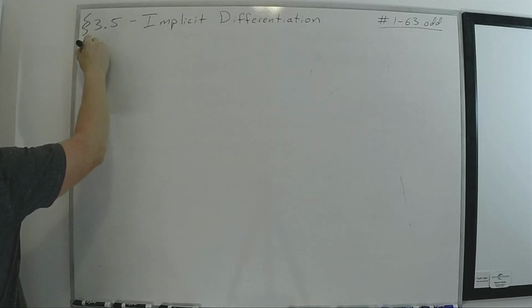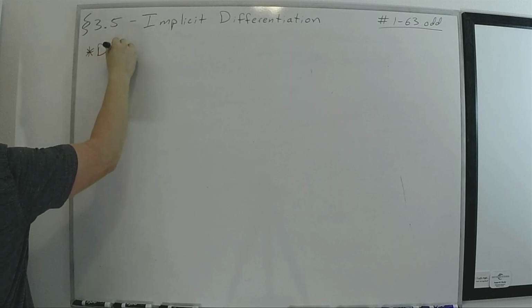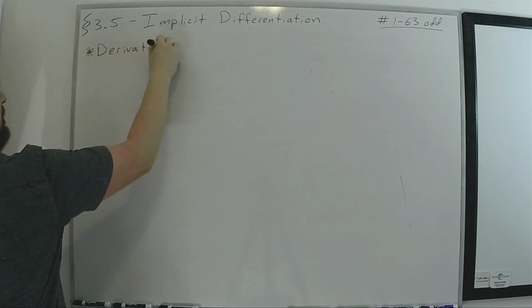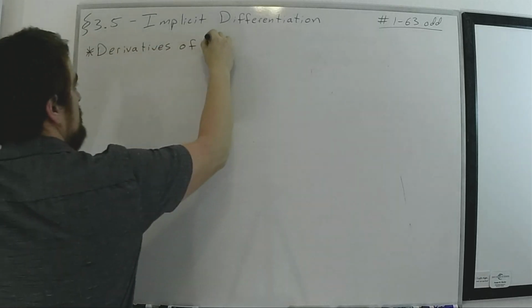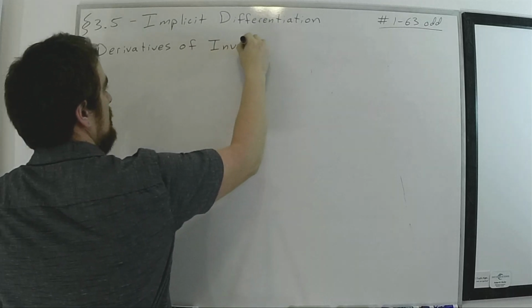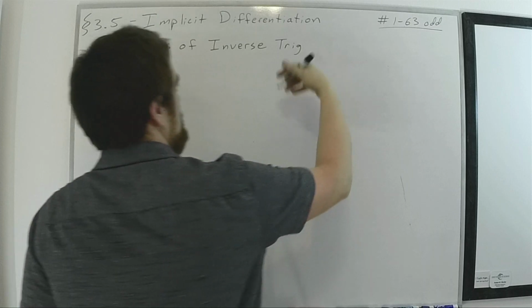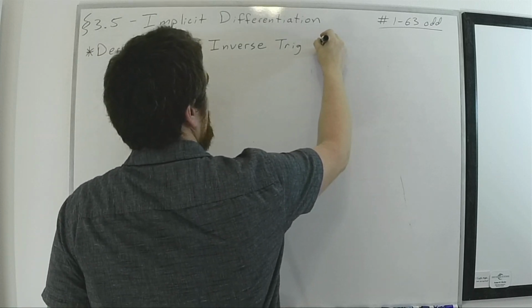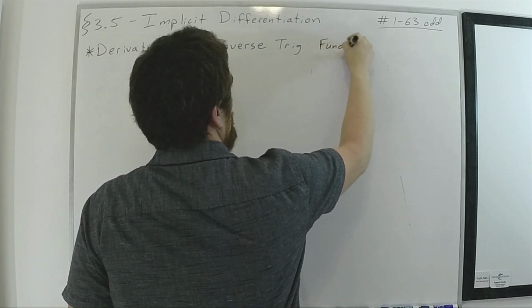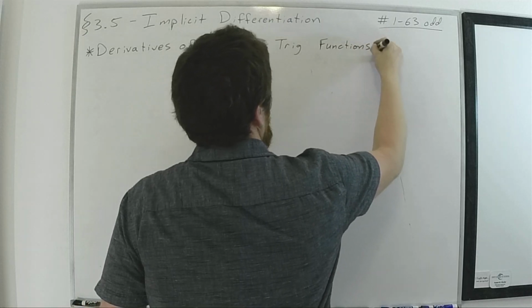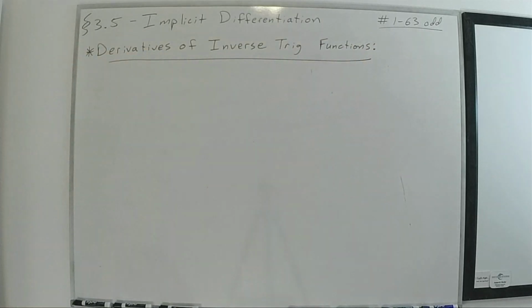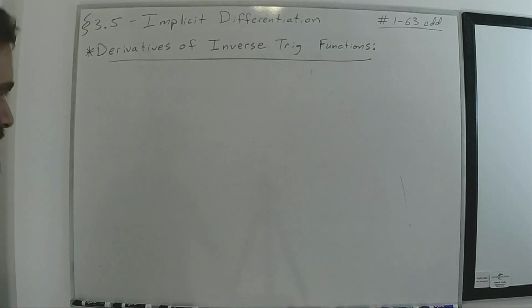So here are the derivatives of inverse trig functions, meaning sine inverse, cosine inverse, tangent inverse, etc. Now, I'm not going to directly show you how to compute all 6. Once I show you one, you can pretty much just use that same technique to figure out the others.